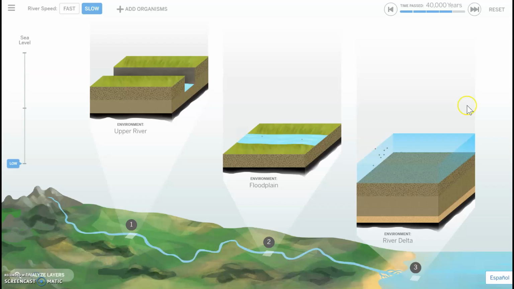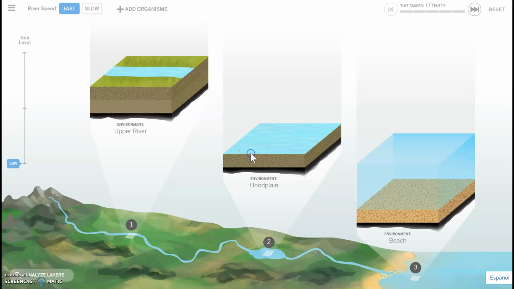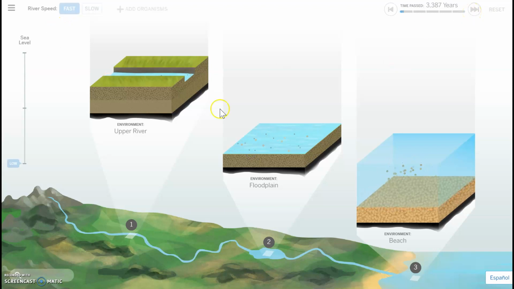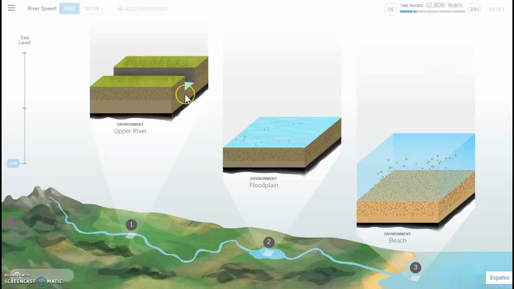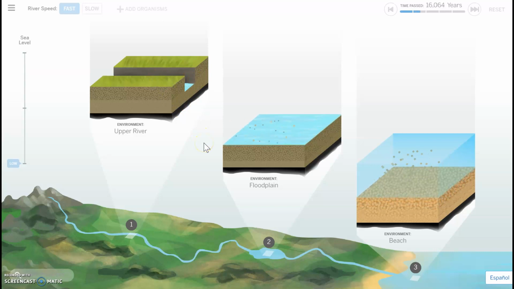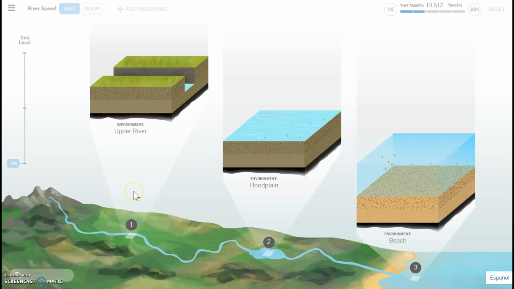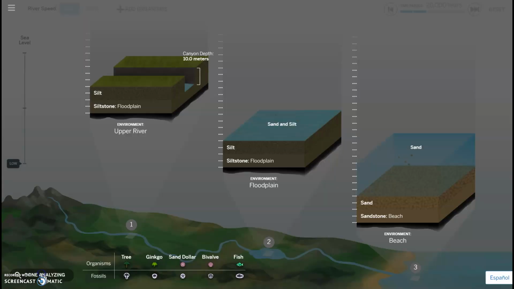Now we're going to start this test over. This time we'll try it with a fast river and see if that makes a difference. We'll go forward 20,000 years. Cool, you can see the erosion happening. Okay, let's see if this one is deeper or shallower. This canyon is 10 meters deep.